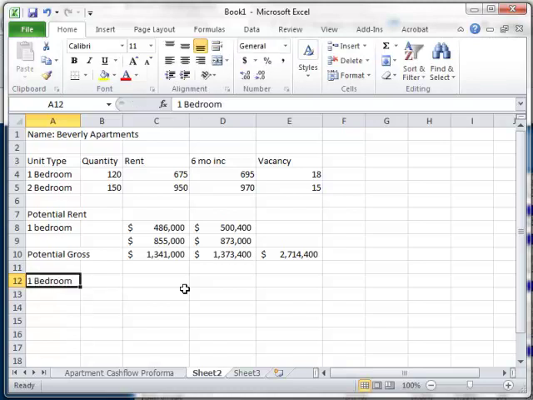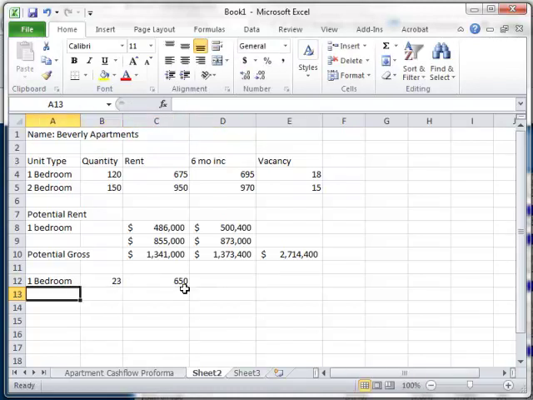Let's say that we have 23 units of our one bedrooms that are rented for 3 months of this year. These are carryover leases from before that are rented for only $650.